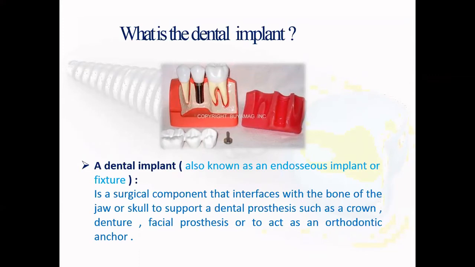We see the definition of the dental implant. A dental implant is a surgical component that interfaces with the bone of the jaw or skull to support a dental prosthesis such as a crown, denture, or facial prosthesis, or to act as an orthodontic anchor.